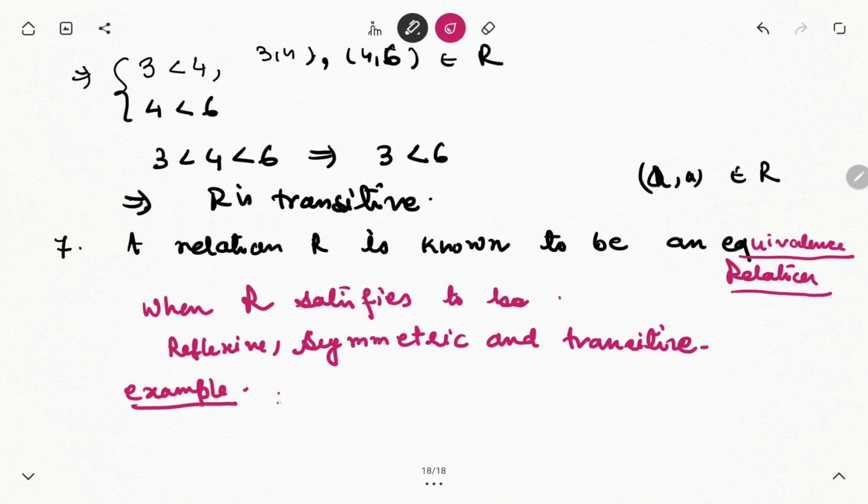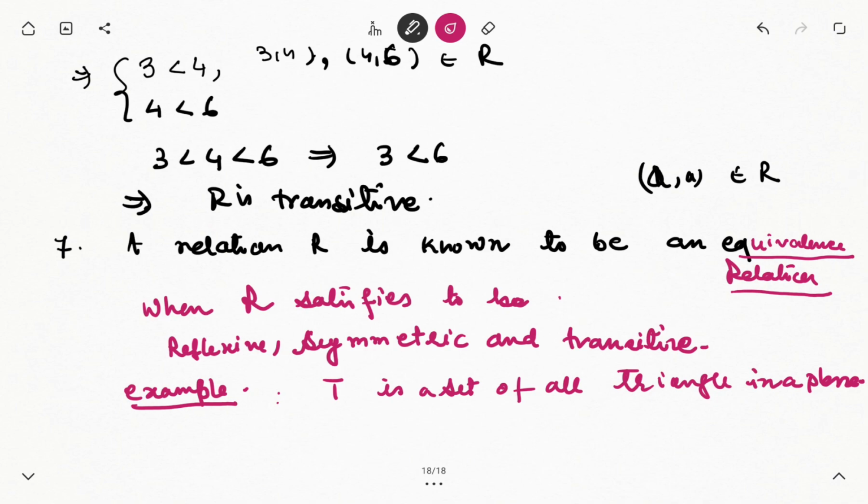So we consider capital T as the set of all triangles in a plane. When all types of triangles are there, whatever you know about triangles: acute angle, right triangles, equilaterals, similar, all types of triangles in a plane, right?